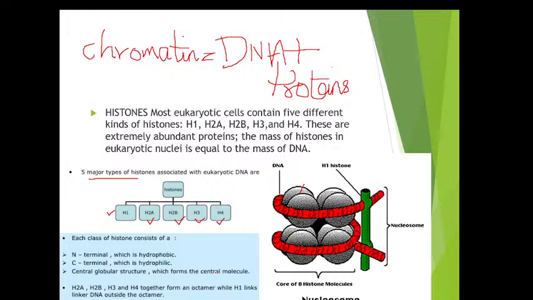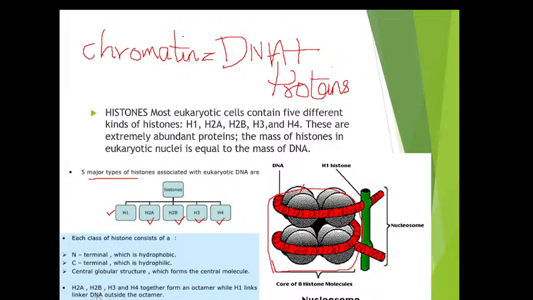Then the total mass of the histones, you can see here, the H1 histone is found outside the core. This is known as the core. Inside the core region the 8 histone molecules are found, and the H1 histone is found outside this core region of the nucleosome.